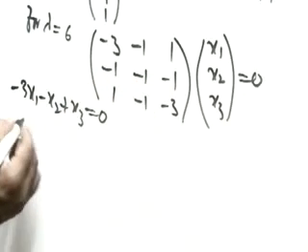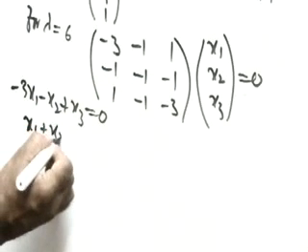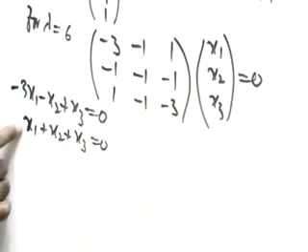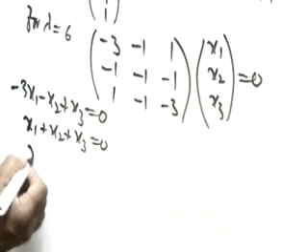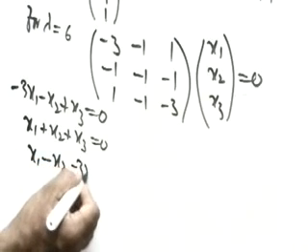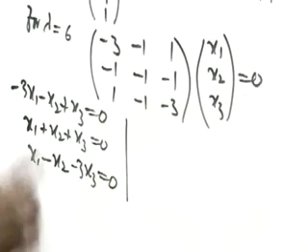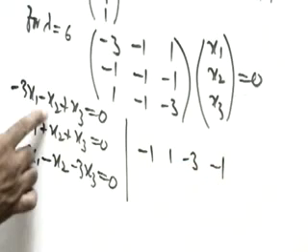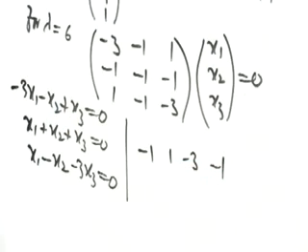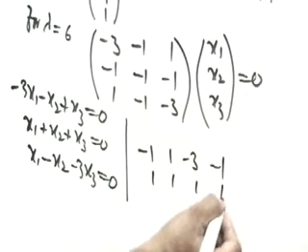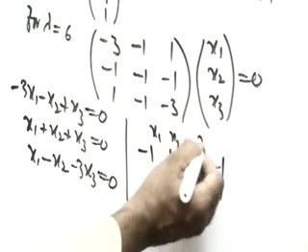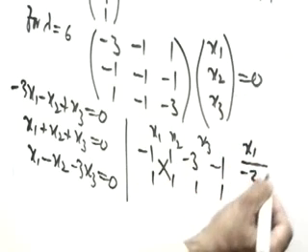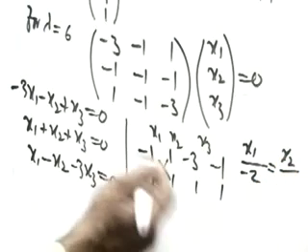Let me take minus common here. Because all three are minus, I am taking minus common here, so it will become plus: x1 plus x2 plus x3 equals to 0. Lastly is x1 minus x2 minus 3x3 equals to 0. Now let us solve this. Minus 1 1 minus 3 minus 1, minus 1 1 minus 3 minus 1. Here is 1 1 1 1. So x1, x2, x3. So x1 divided by minus 1 minus 1 minus 2.